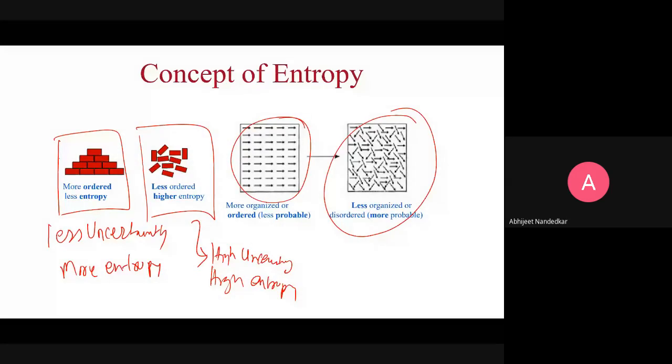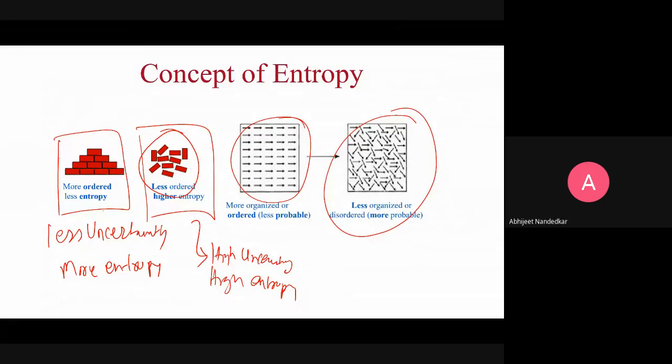So as I said earlier, entropy is the measure of randomness, how random you are. So when you have more randomness, so there is no concrete structure, then your entropy is high. So like this, if there is a random distribution of bricks, then there is a high amount of uncertainty. So your entropy is high.